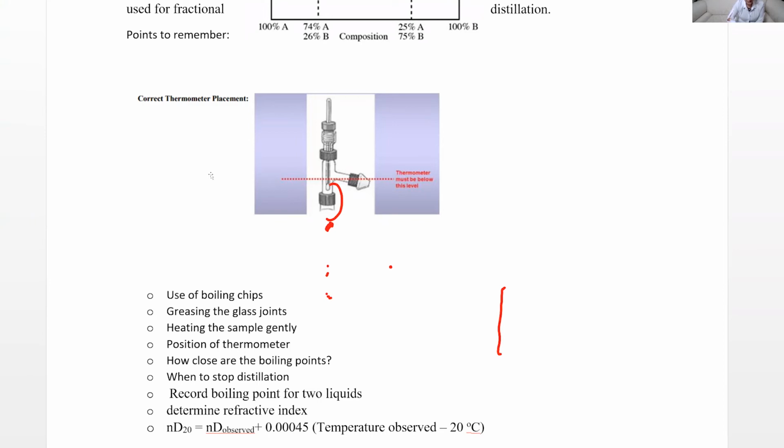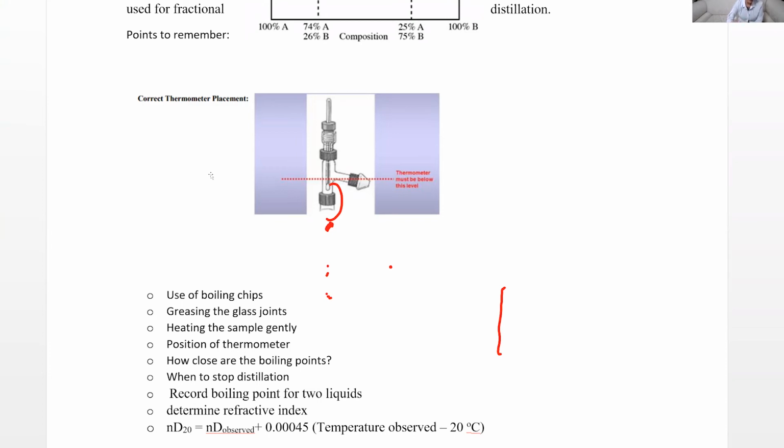Heating the sample gently is another point for distillation you want to remember. If the sample is heated too fast, there are multiple problems. It could be bumping. Basically, liquid can jump into the distillation head or the condenser. Too much vapor can be produced.